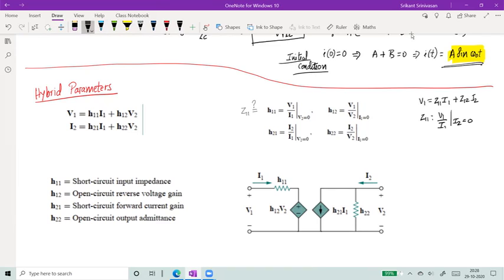So if H11 is V1 divided by I1, that means it's a resistance. Its unit is in ohms because it's a resistance. H22's unit is in Siemens because it's a conductance or admittance. The H12 and H21 are dimensionless because they're ratios, right? Ratio.